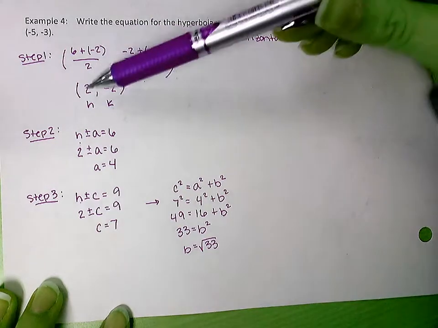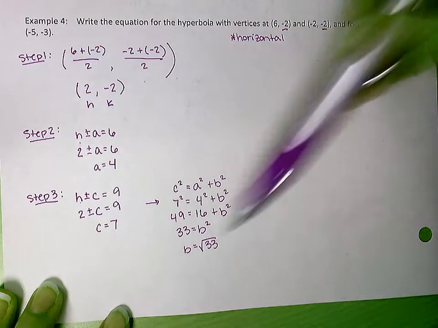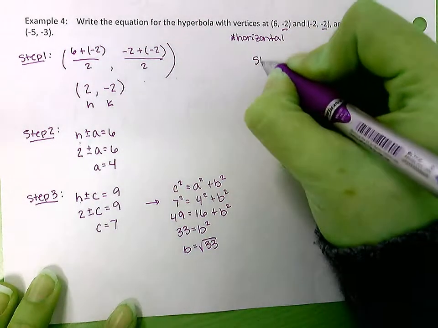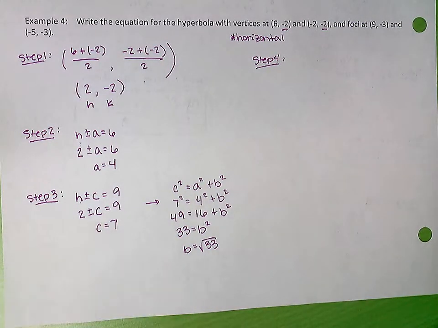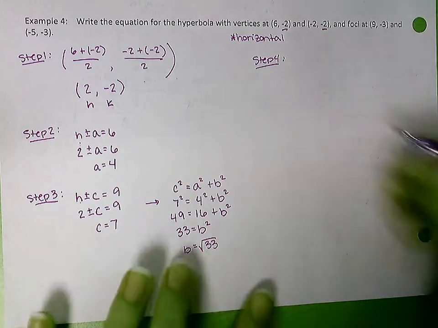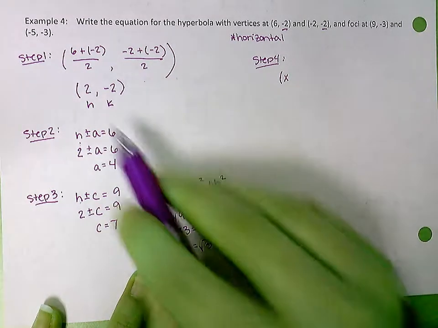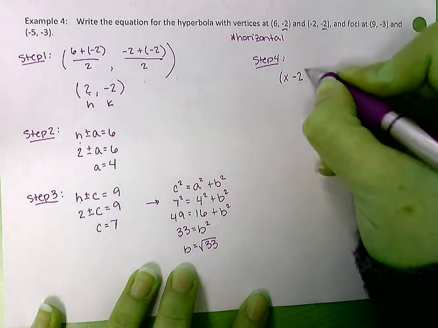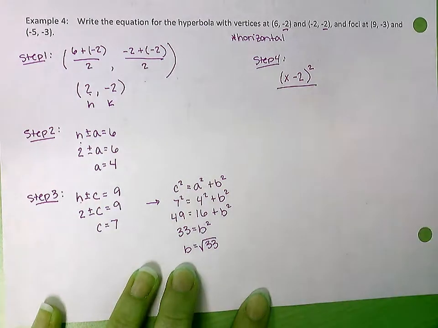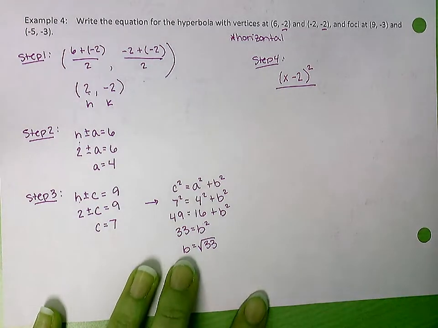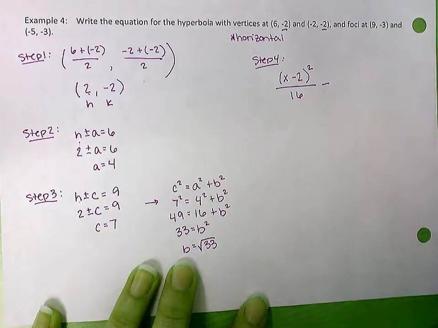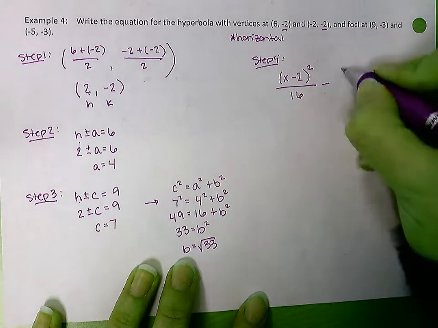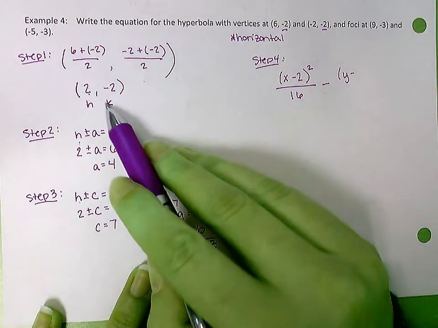Okay, so now I have h, I have k, I have a, and I have b. So my last step is to write out my equation. And since it's horizontal, I'm going to start with x this time. So x minus h was 2, squared, over a squared, so 4 squared is 16, minus y minus k.